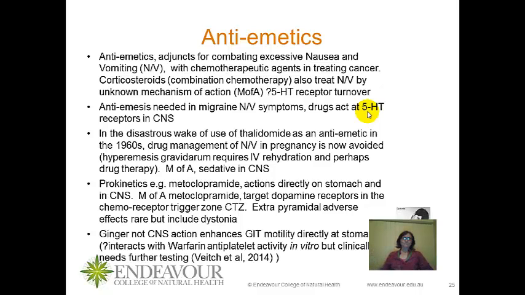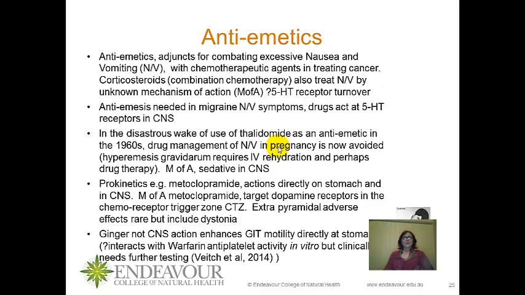So a change in therapy when you're trying to prevent the migraine to when you're trying to treat the acute symptoms. Thalidomide was sold as an antiemetic and a sedative drug in the 60s, but that led to the disastrous appearance of its teratogenic actions on the developing limb buds in the fetus.